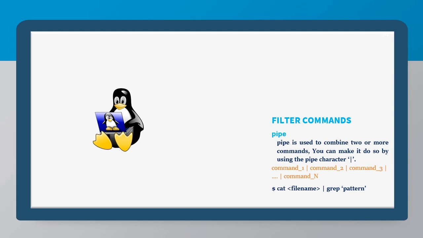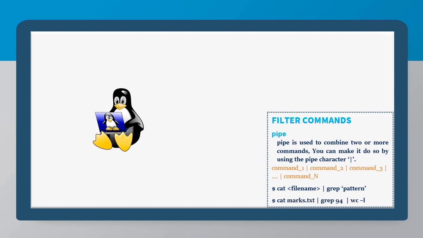Like cat file name, pipe symbol, grep pattern. Here what we are doing is cat file name will display the content of the file, and in that we are searching for that pattern by using a grep.